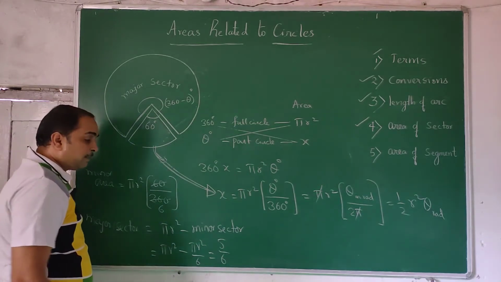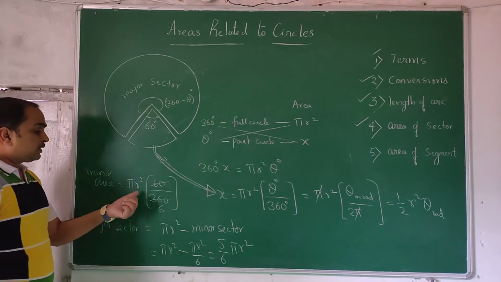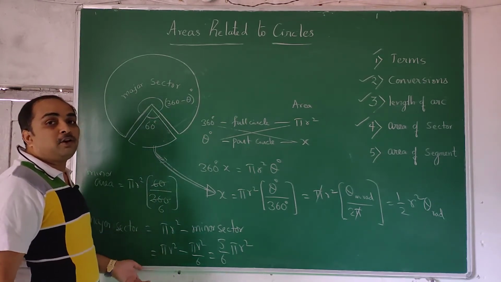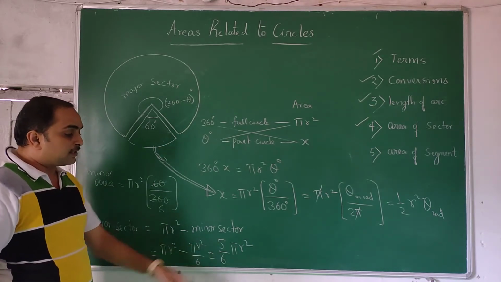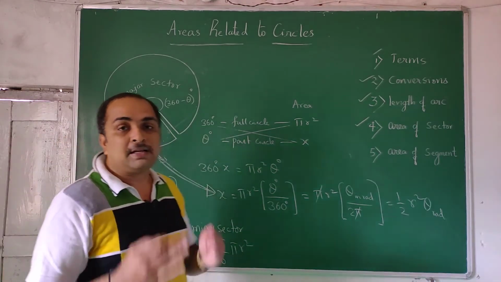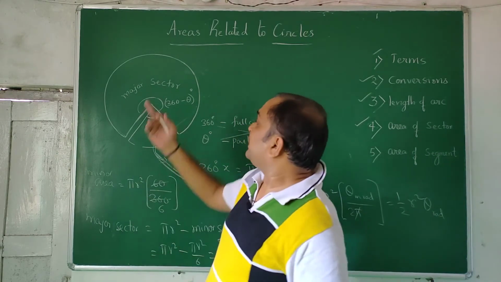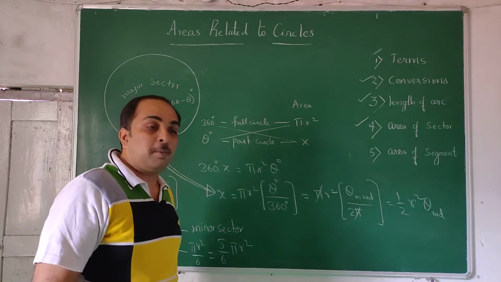Don't say that because this is 1/6, that will be 1/5. Not like that. You have to subtract and check. 5 by 6 of pi r square is the area of the major sector. Once you get the minor sector area, subtract it from the full circle to get the major sector area. This is the way you have to follow the problem.